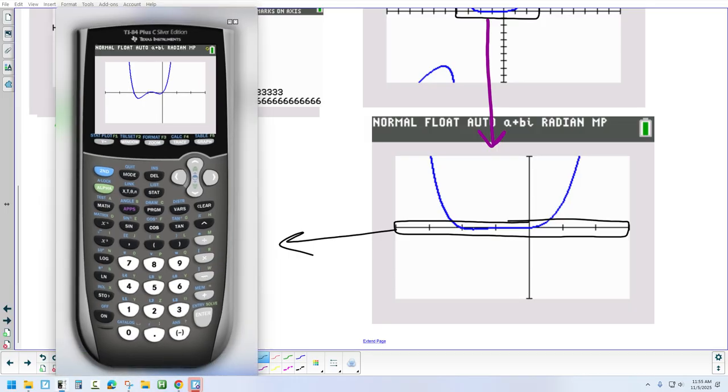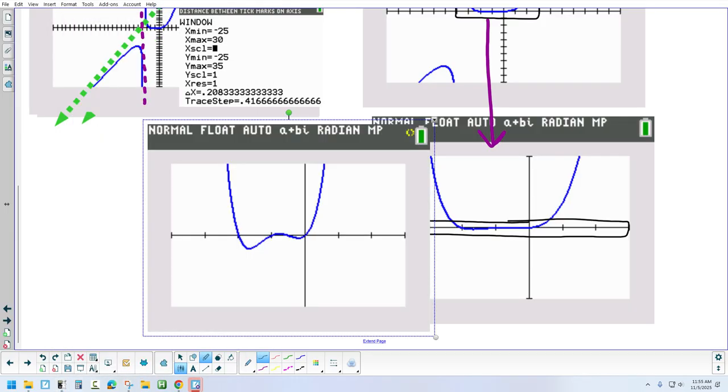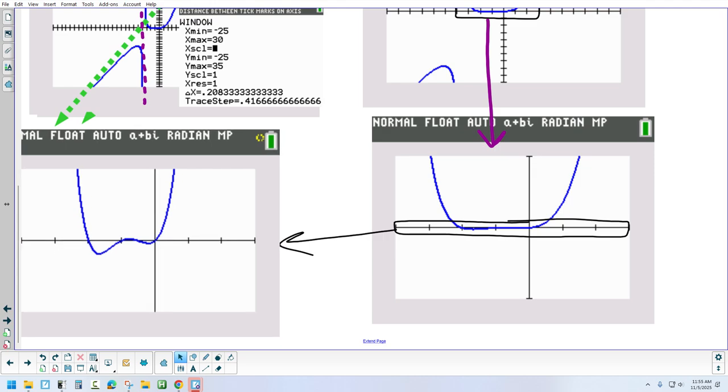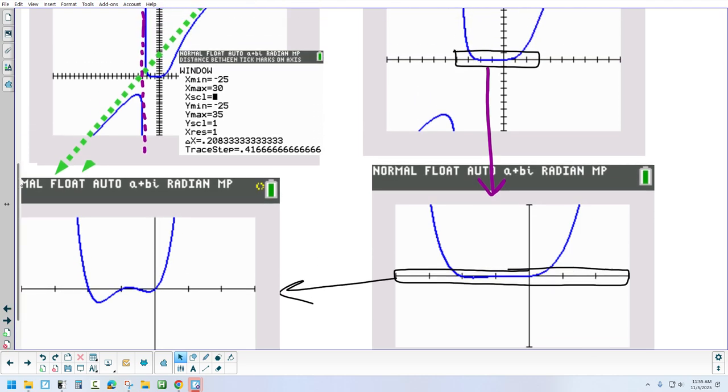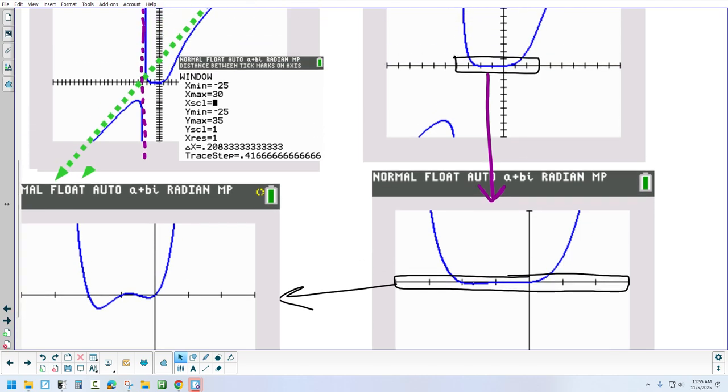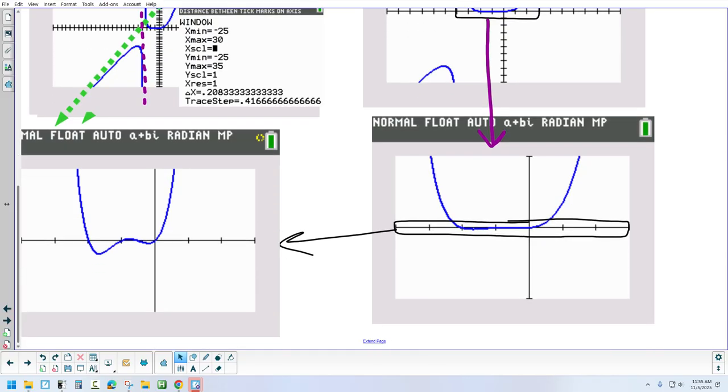Okay, so look at what's going on here. What originally looked completely flat, when you zoom in, you start to see a little bit that it's not flat. And when you zoom in even more, you can see it's not flat at all. So how many times does that graph cross the x-axis? 4 times. 1, 2, 3, 4.